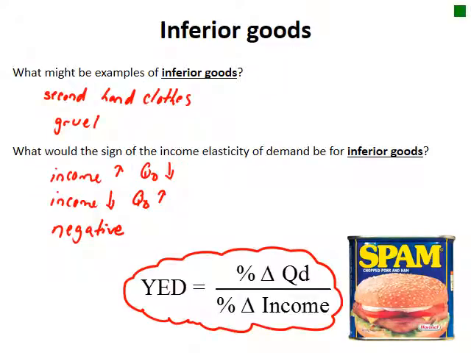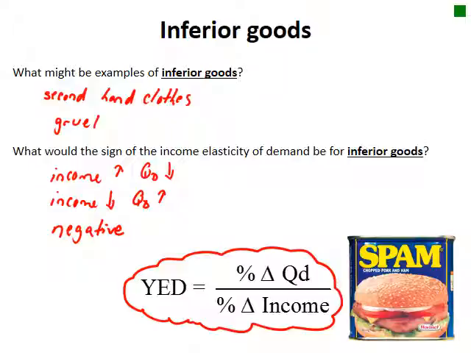Inferior goods. Some examples of inferior goods could be second-hand clothes, it could be gruel instead of rice, or something more interesting, or pasta, or meat, and so on. So what would the sign be for inferior goods?